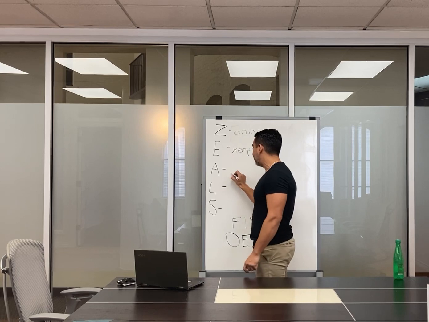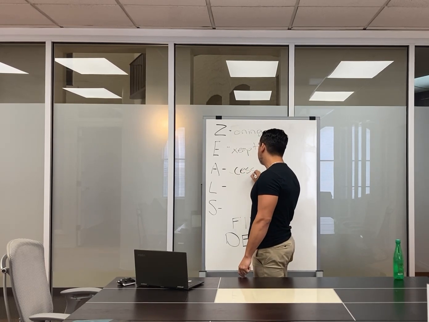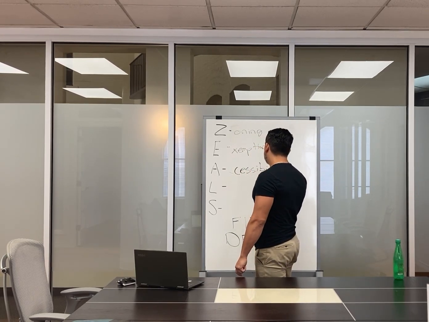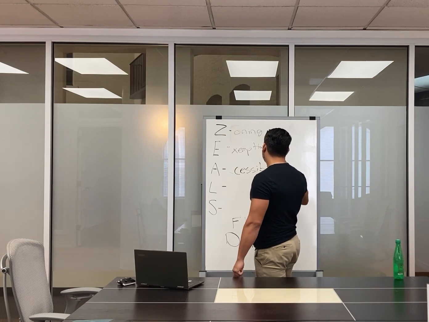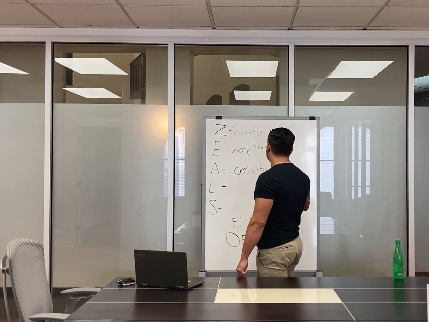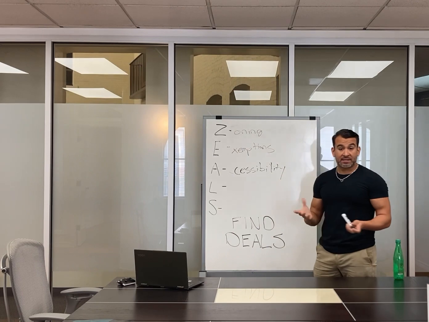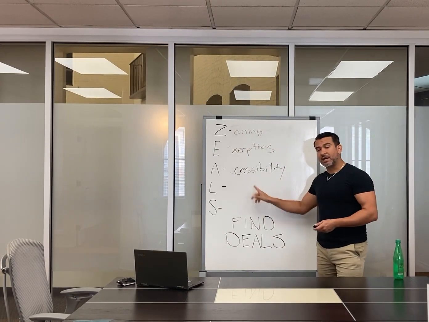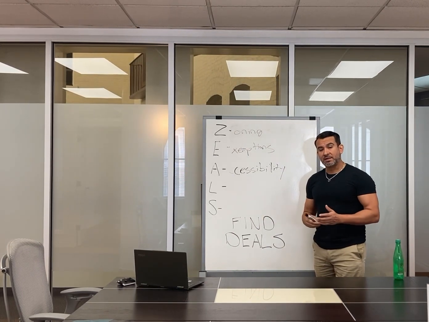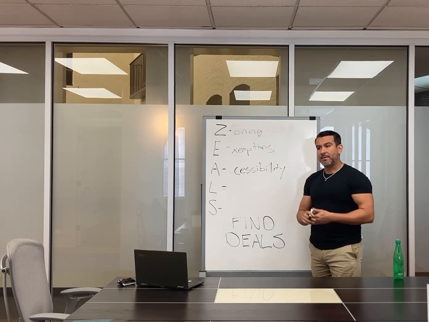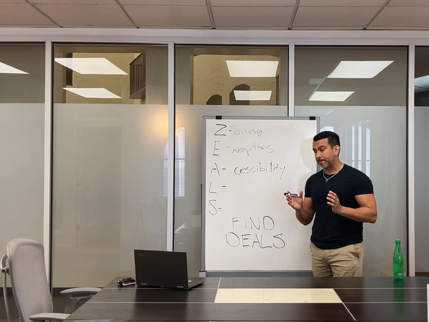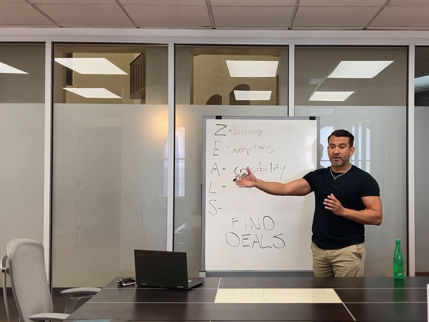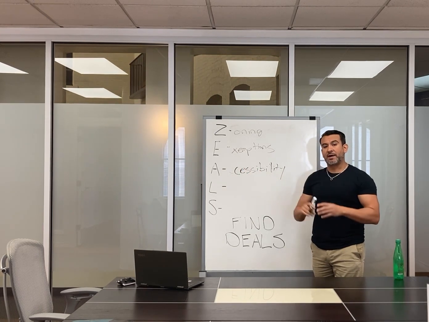Accessibility is what A is for. You may say, what is that? What does accessibility mean? Well, sometimes at tax deed auctions, these properties can be landlocked, meaning that there's no right of way to there, there's no road there, or it's blocked by other properties.